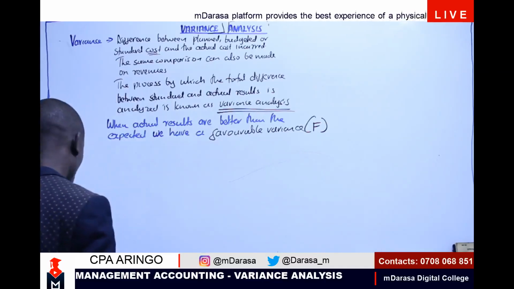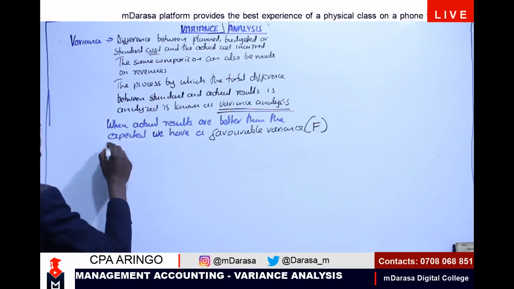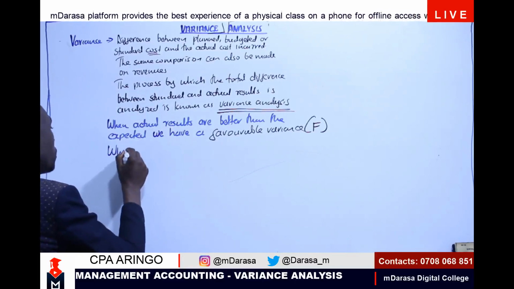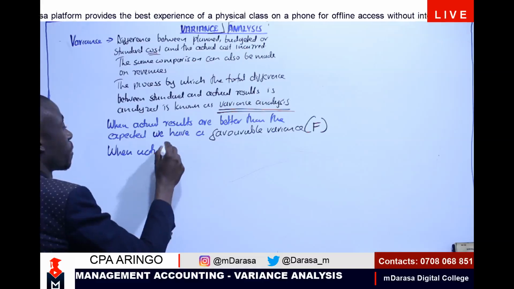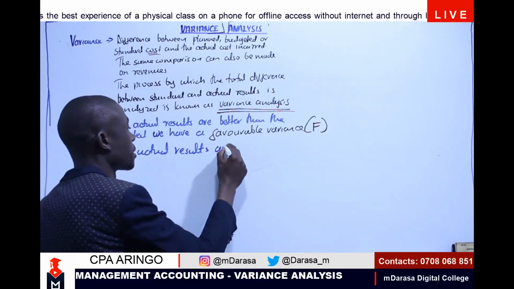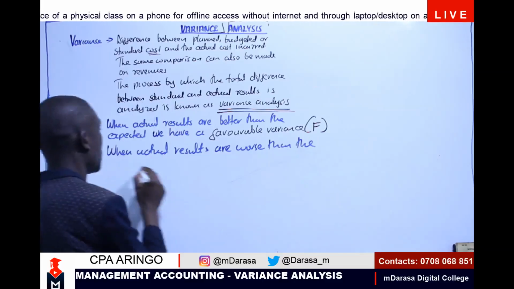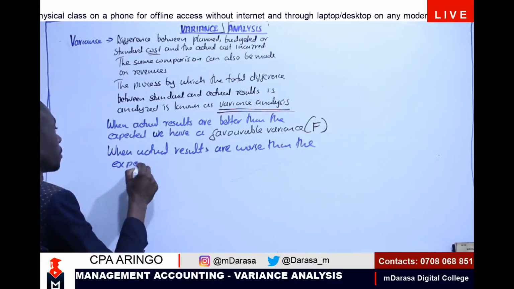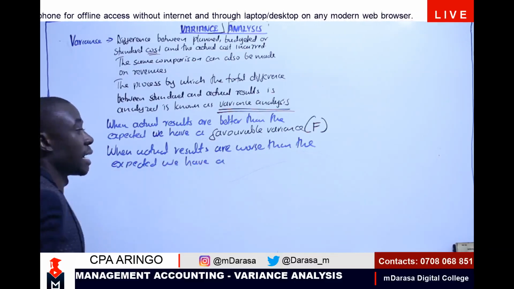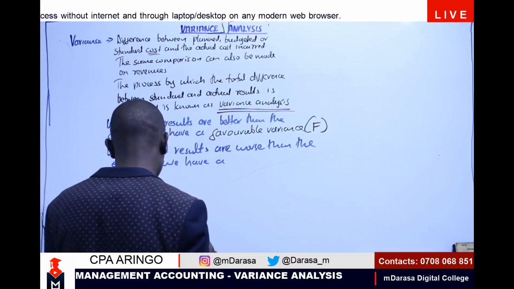And what if our actual results are worse than expected results? When actual results are worse than the expected, we have an adverse variance.